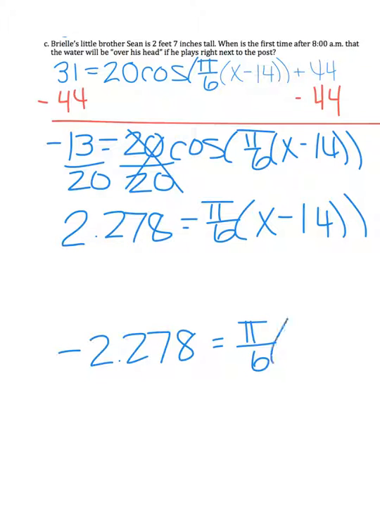All right, then we need to solve each of these equations separately. So we can divide by pi over 6, which if you do that, you need to make sure that you do that in parentheses. Or you can multiply by the reciprocal, which is 6 over pi, and then add 14 to both sides. So take a minute to put this in your calculator, pause the video, and then check your answer when you're done.